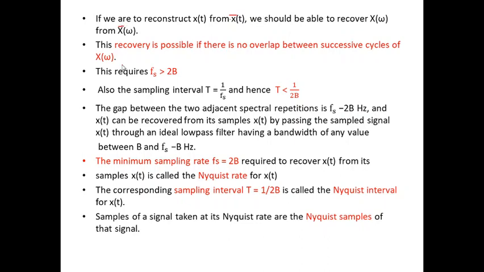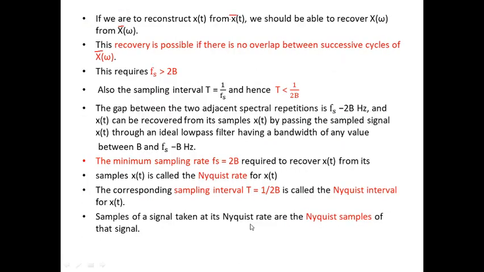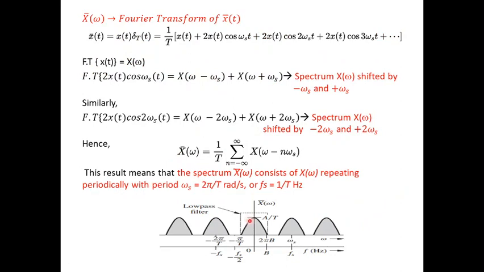This recovery is possible if there are no successive overlaps of x of omega. What we are trying to say here is, if we pass this spectrum through a low pass filter, it is possible to retrieve just this x of omega only if there is sufficient spacing between the spectrums.